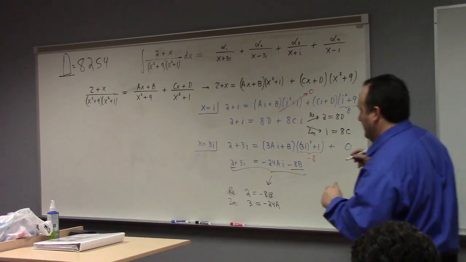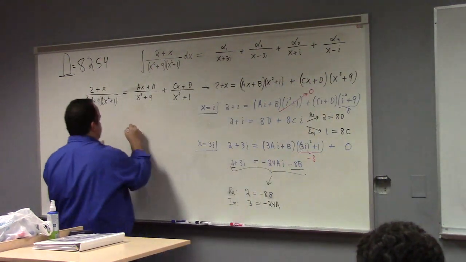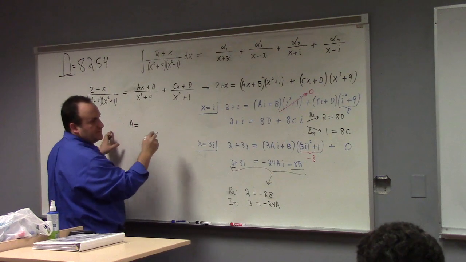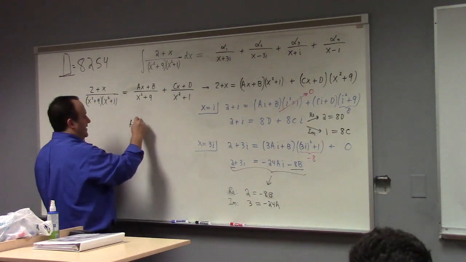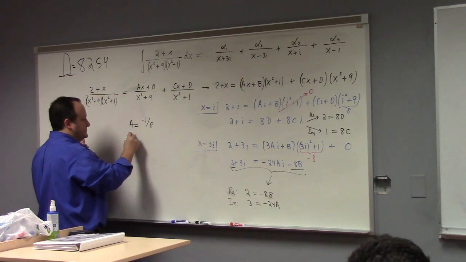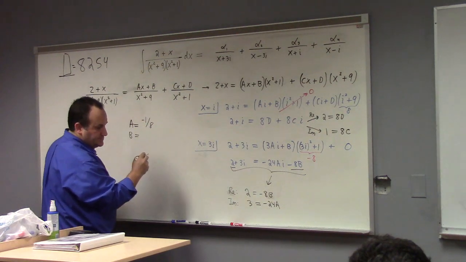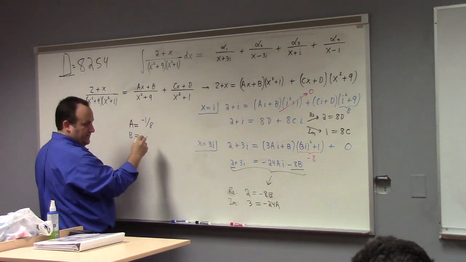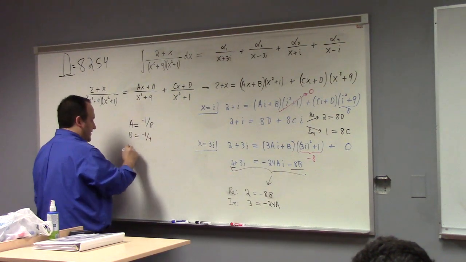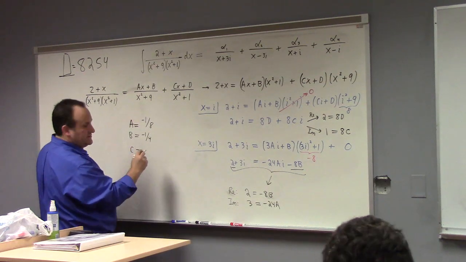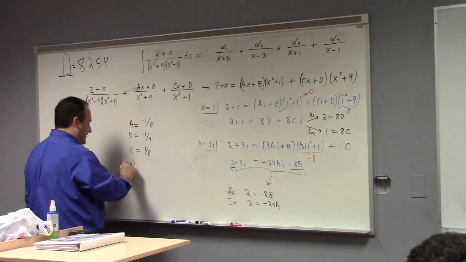What's a equal to? Negative 1/8. What's b equal to? Negative 1/4. What's c equal to? 1/8. What's d equal to? 1/4.